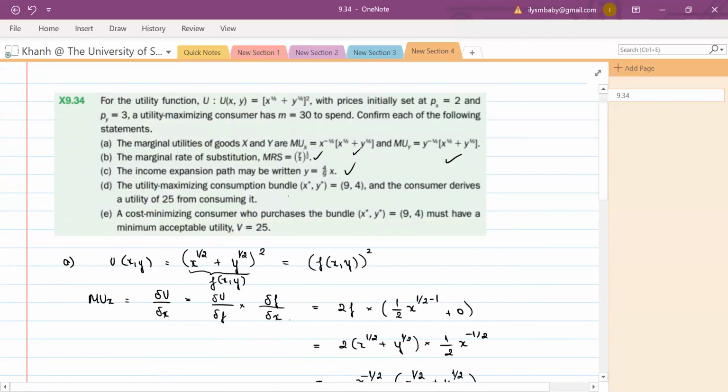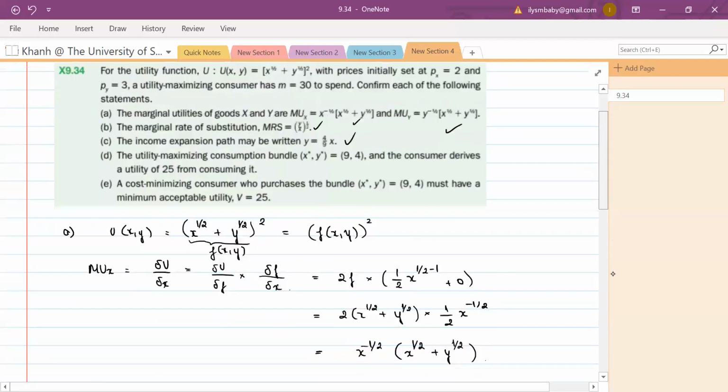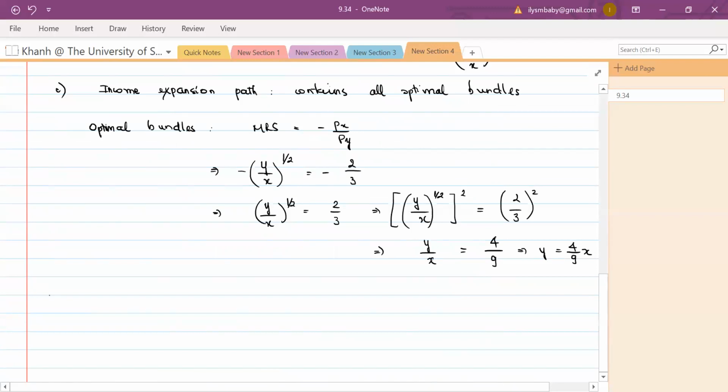Next, to find the utility maximizing consumption bundle and the consumer's utility from consuming it. In order to find the optimal bundle, you just have to substitute this optimal condition into the budget constraint. The budget constraint in this case is Px times x plus Py times y, equal to income.